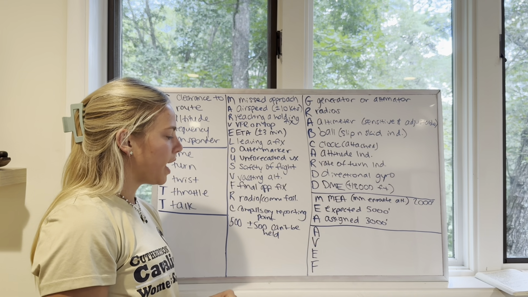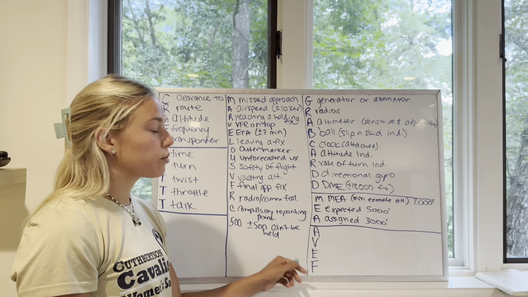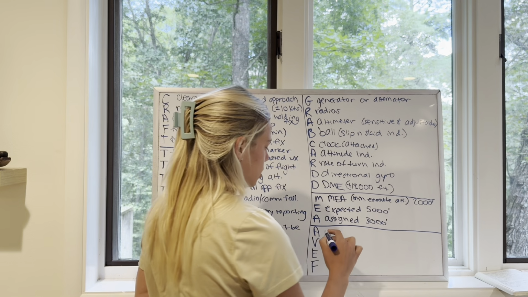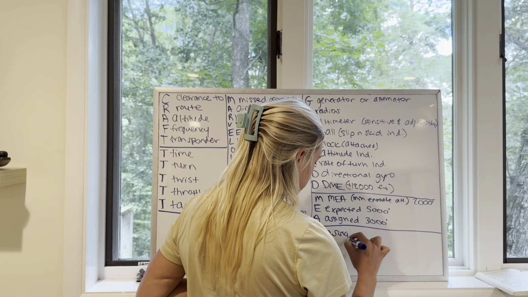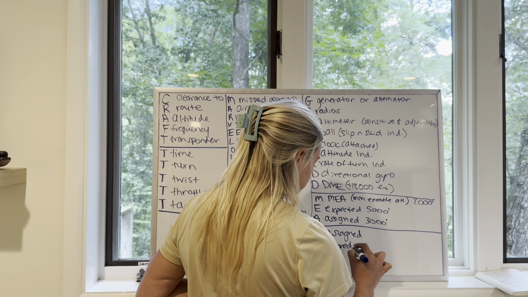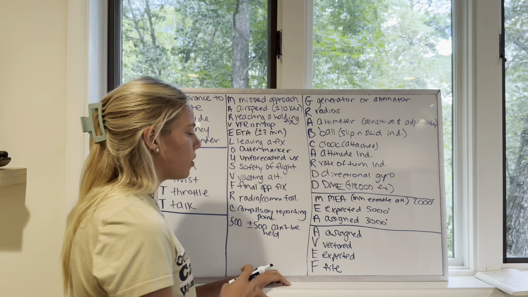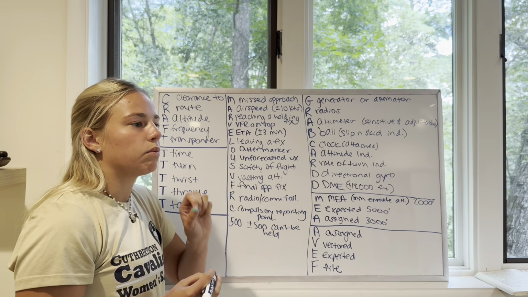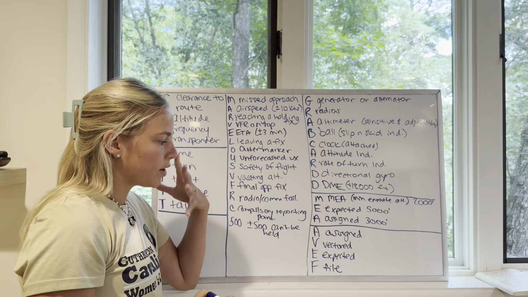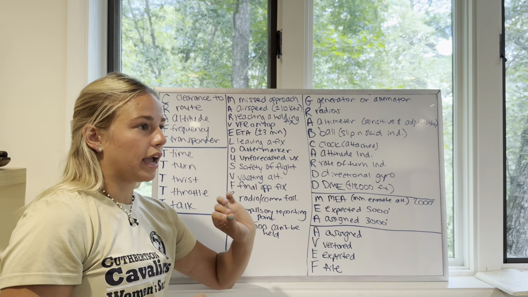Now we have our AVEF acronym, which is what we're going to go through in order for our route. So A stands for assigned, V is vectored, E is expected, and F is as filed. So first we're going to fly what was assigned to us. So whatever they assigned us in our craft clearance, that's the route we're going to fly at first.